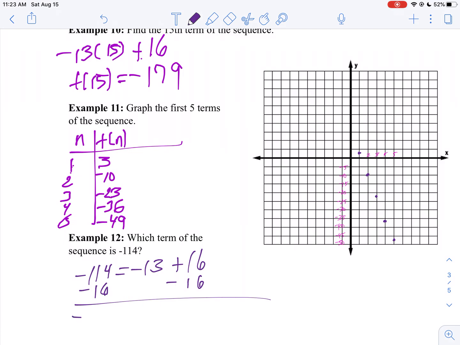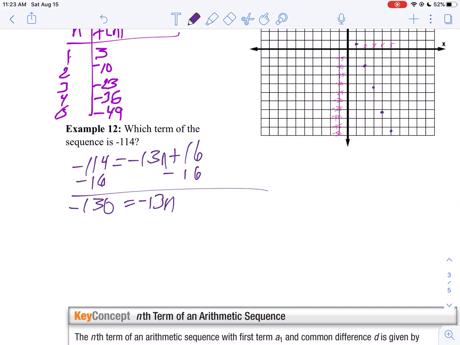So we get negative 130 equals negative 13n. Well, let's divide both sides by negative 13. And n is 10. So it would be the 10th term of the sequence.